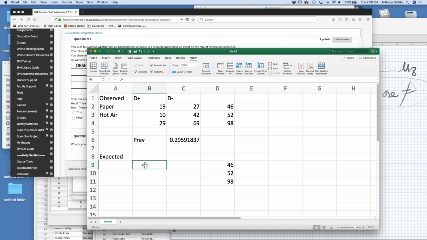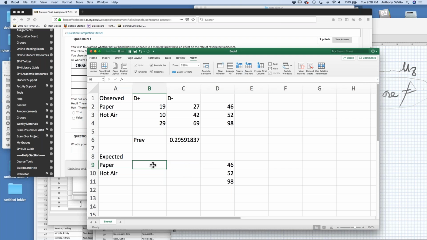Okay, so this is paper. And this is hot air. Okay, so let's see. I've got to move this over a little bit too. Put it there. Okay, so how many people would we expect to get sick if everybody, whether you were exposed, whether you used paper or you used hot air?